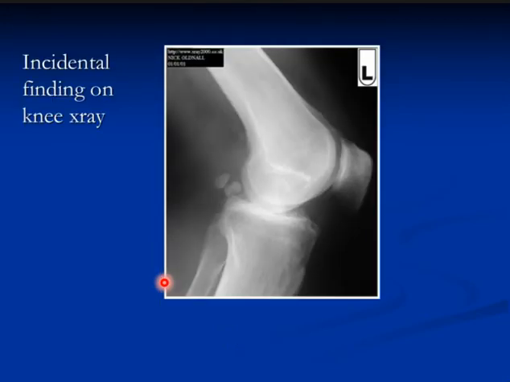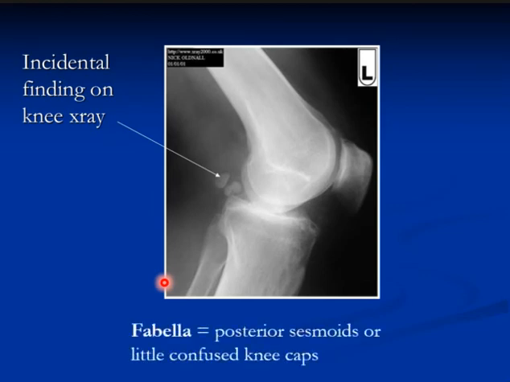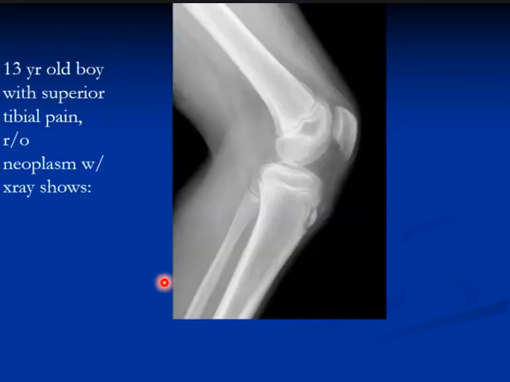What's this? Exactly, a fabella. It is a posterior sesamoid, like a little kneecap, like the patella but posteriorly.